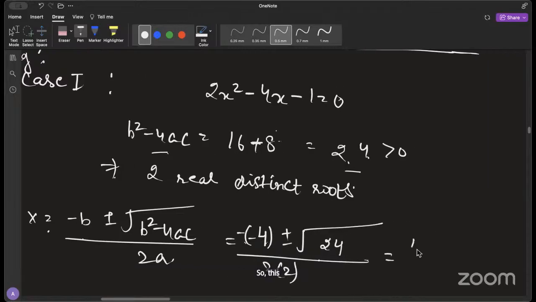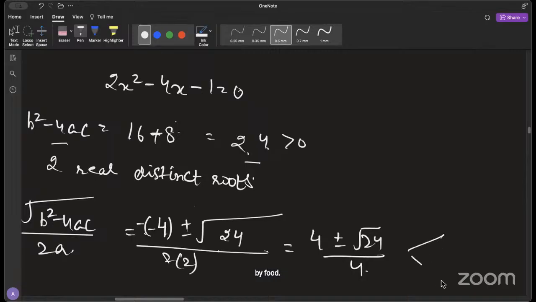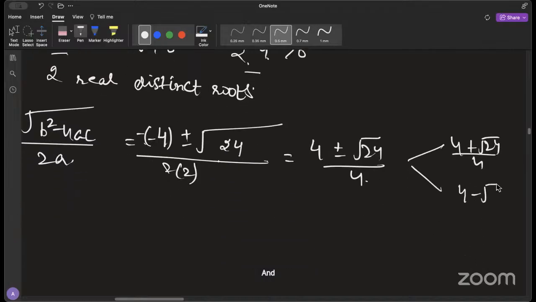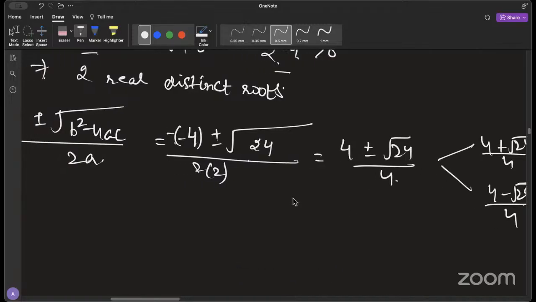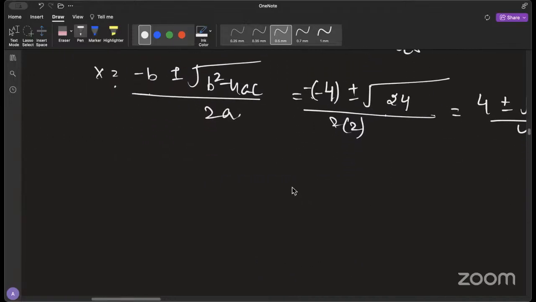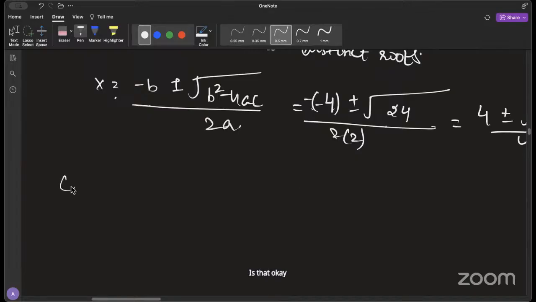So this is just going to give you 4 plus minus square root of 24 by 4. So you have two roots from here: 4 plus square root of 24 by 4 and 4 minus square root of 24 by 4. Is that okay? Okay. Then we have case 2.